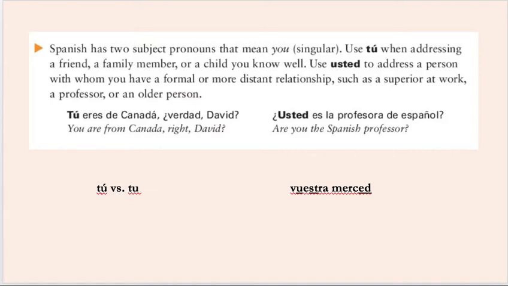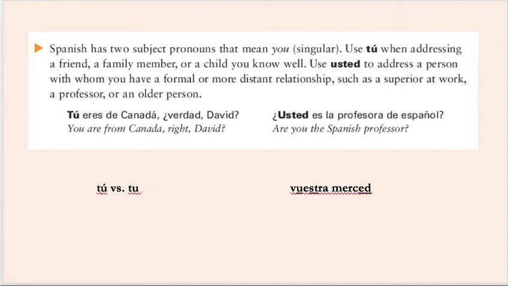So for example, here we have tú eres de Canadá, ¿verdad, David? You are from Canada, right, David? And for usted, usted es la profesora de español. Are you the Spanish professor? And do know that usted came from the words vuestra merced, which means your majesty. So it kind of indicates, as the text says, a more distant relationship, more formality, and also shows a sign of respect.